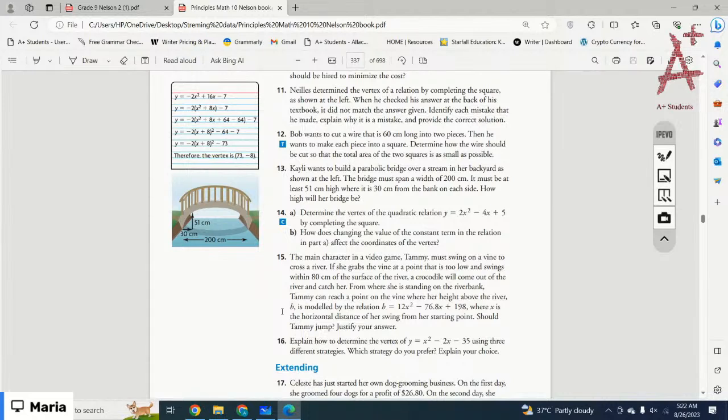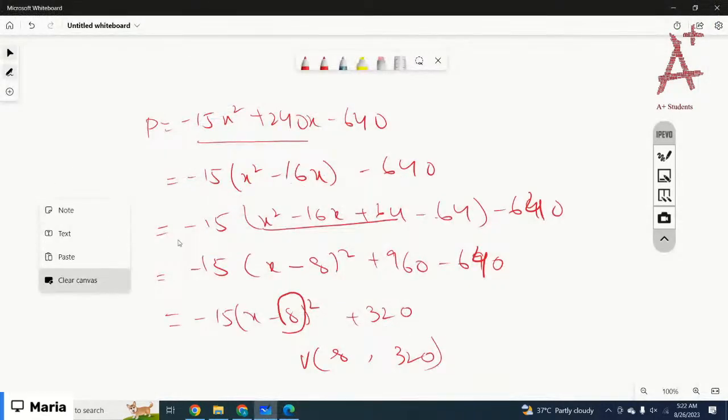So the points where the bridge meets the bank are the zeros of the equation, right? They are 0, 0 and 200, 0, right? So we can use the equation in factored form.